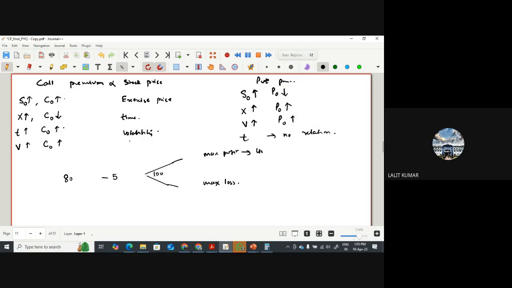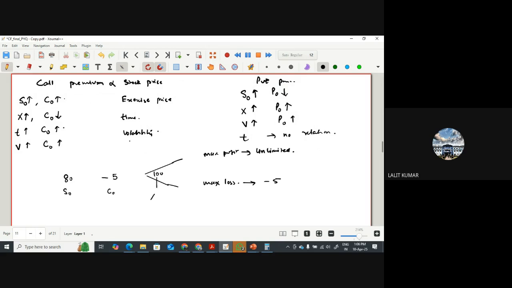If I say max profit is unlimited, is it okay? And maximum loss is 5 rupees. Can you repeat? There is a stock which is at rupees 80. I purchase one call option for rupees 5.